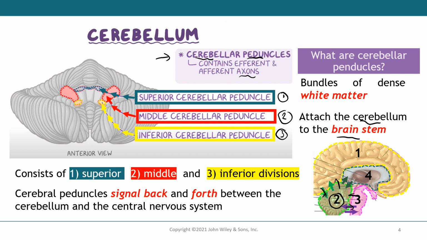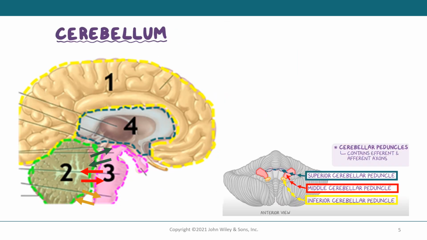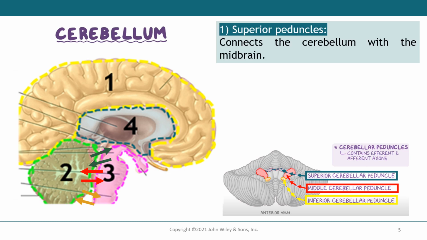But in your textbook, there will be even more information that you can use to expand on all the things that I'm telling you. So now to finish this section of the cerebellar peduncles, I'm going to make a connection between different regions of the brainstem. The superior peduncles will interact with the superior part of the brainstem, so it will interact with the midbrain.